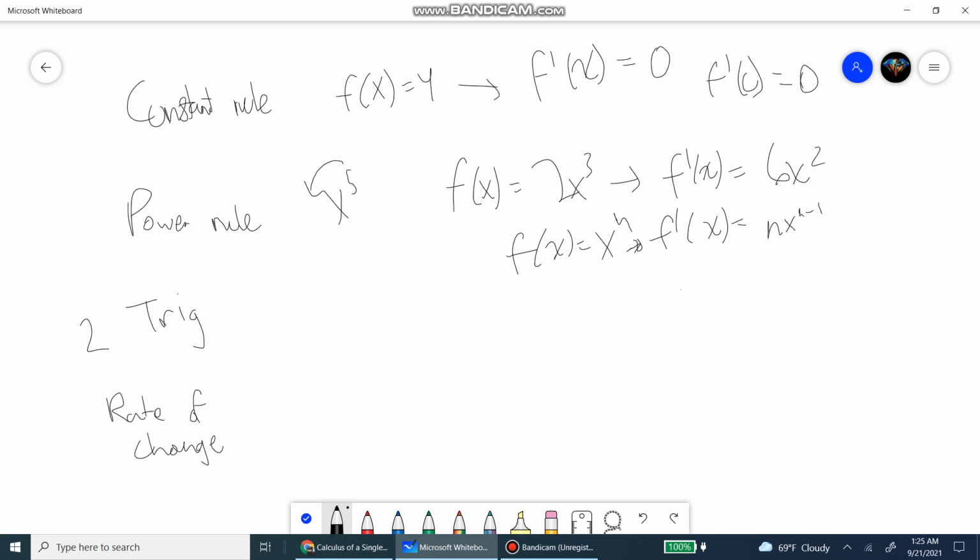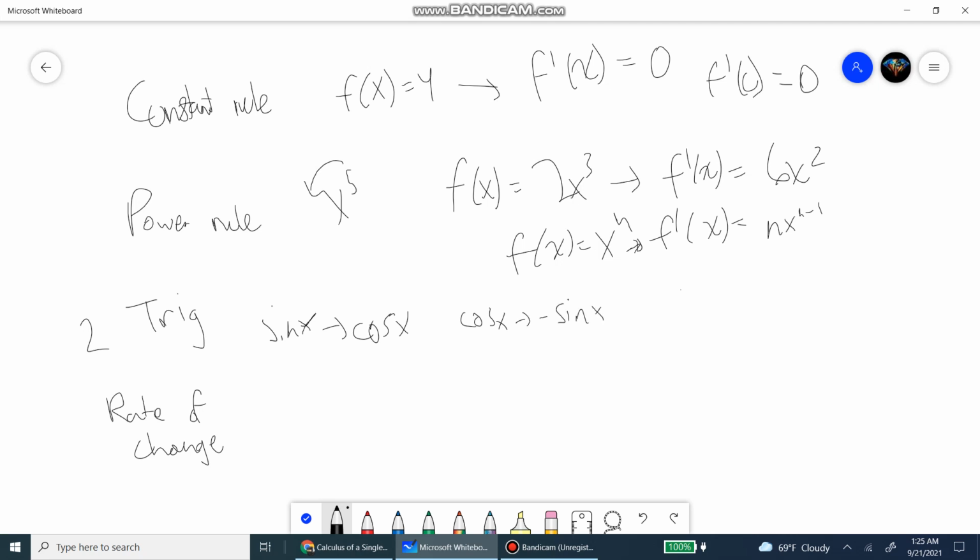Trig, you need to know two for now, but later on when I explain more of the derivative rules and all that, I can teach the rest of them. But for now, you should just know that the derivative of sine x is cosine x, and the derivative of cosine x is negative sine x.